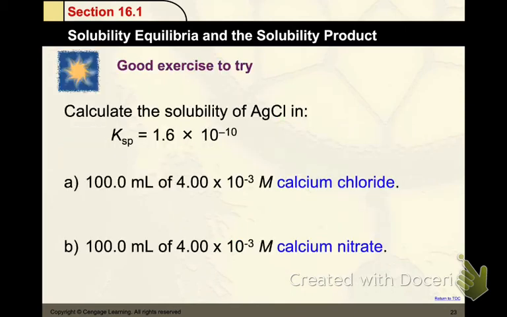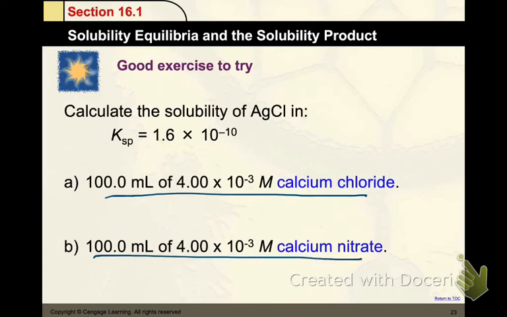All right, here's another good example to look at as to how other pre-existing ions might affect a solubility. So calculate the solubility of AgCl in either a solution of calcium chloride or in a solution of calcium nitrate.